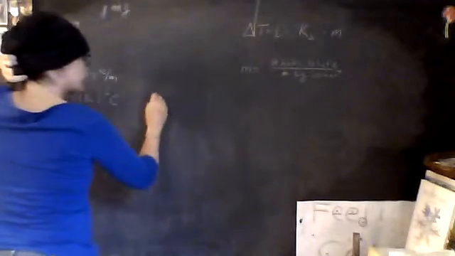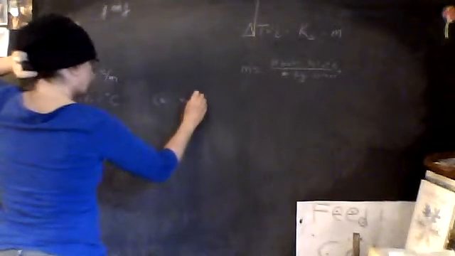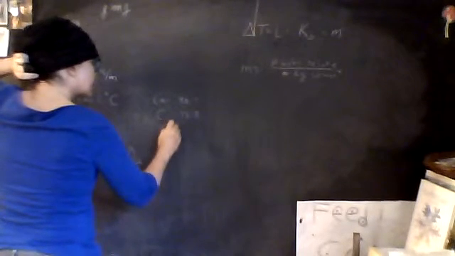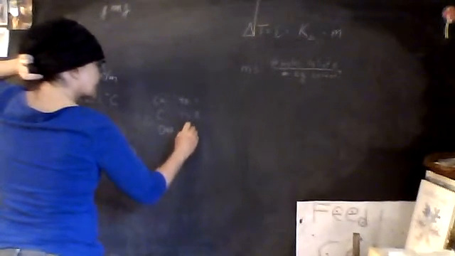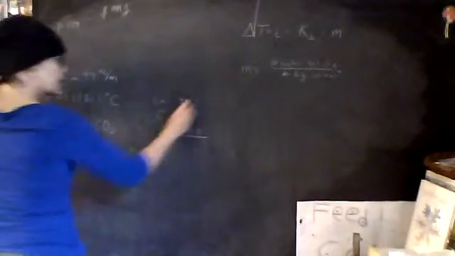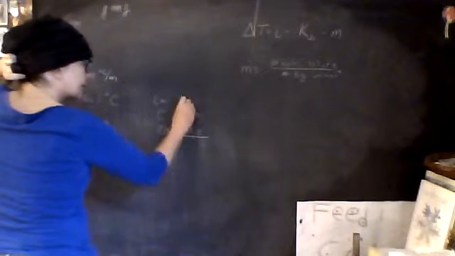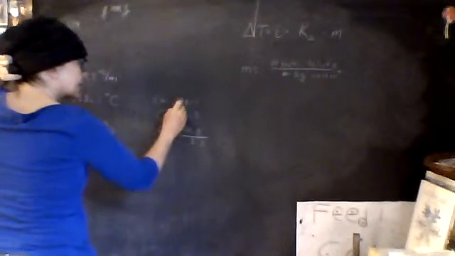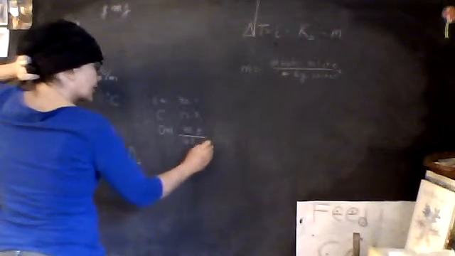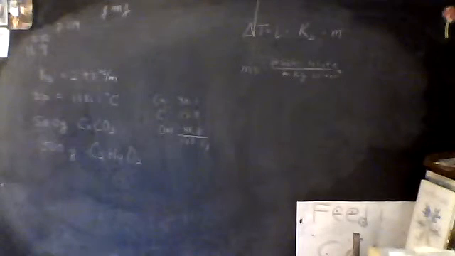Ca is 40.1. Carbon is 12.0. Oxygen is 16, which is going to be 48 times 3. Add that up, and we get 100.1 grams per mole, or 1 mole per 100.1 grams.